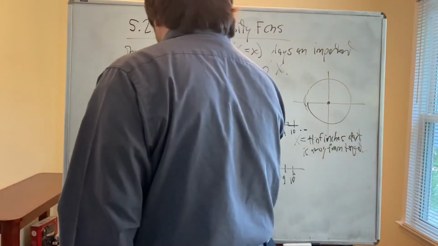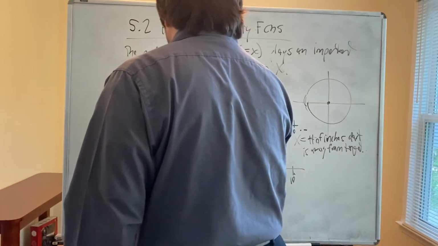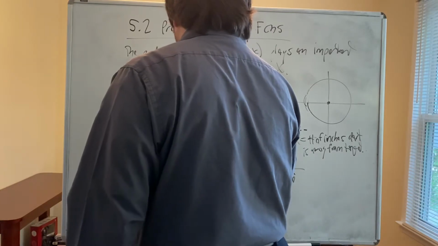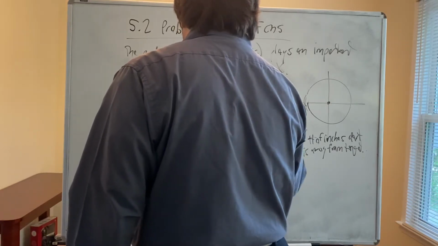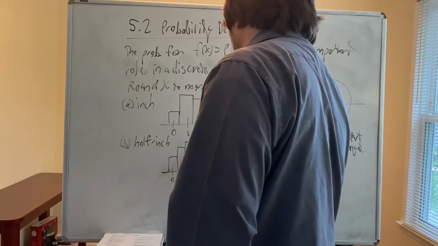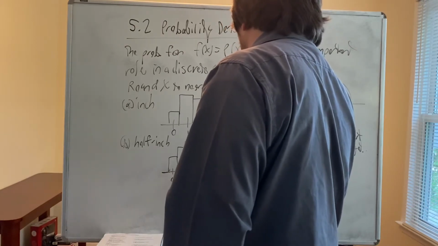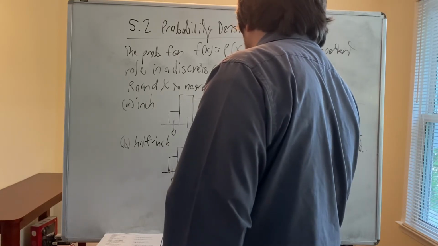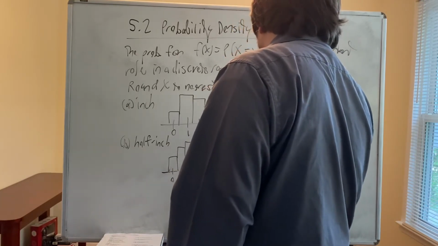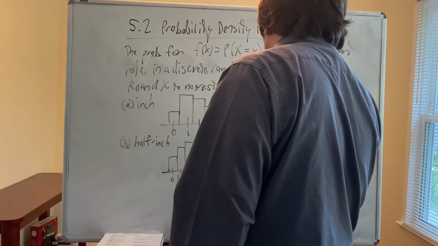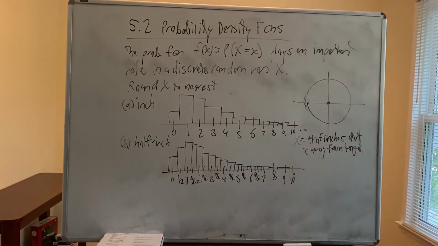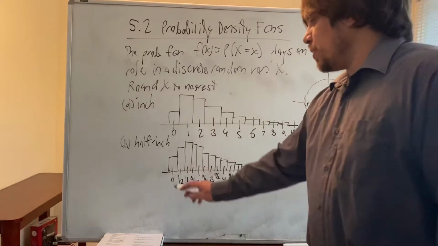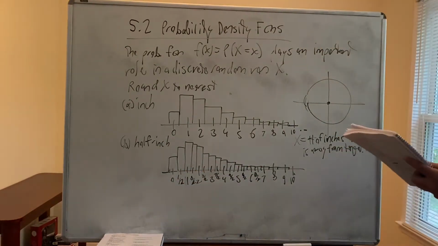So that's the half-inch histogram, where you look at the probability that it's 0 inches away, half an inch away, 1 inch away, and so on.